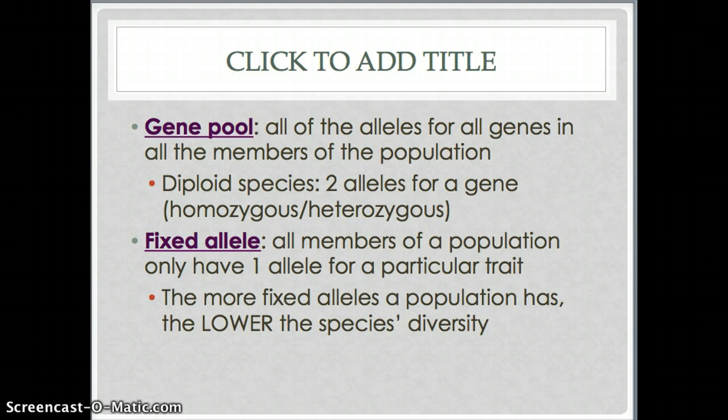Whenever you have one allele that's fixed, imagine it's frozen, we cannot change it, there are no other options, then that single allele is going to cause the overall diversity to decrease. That makes sense because when we freeze that one option, you just have to choose it. There's no other option to choose.